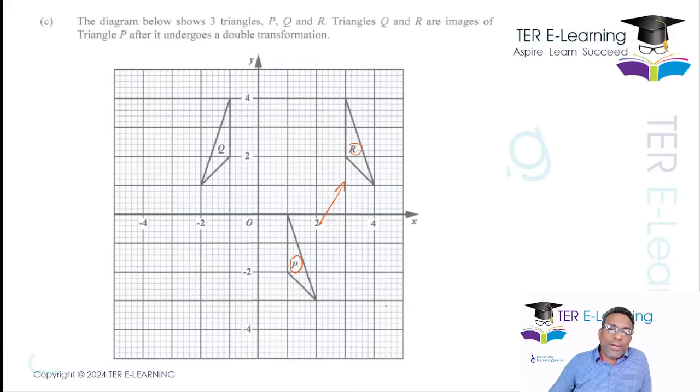So if you want to figure out what the vector is, let's say we choose this point here. It's going to move 2 units to the right. So therefore, the translation vector is going to start off with a positive 2. And then you're going to go 1, 2, 3, 4, right? So you're moving up 4.